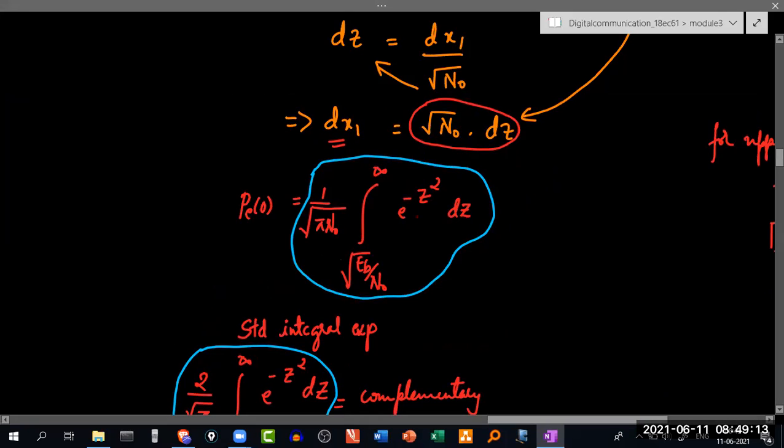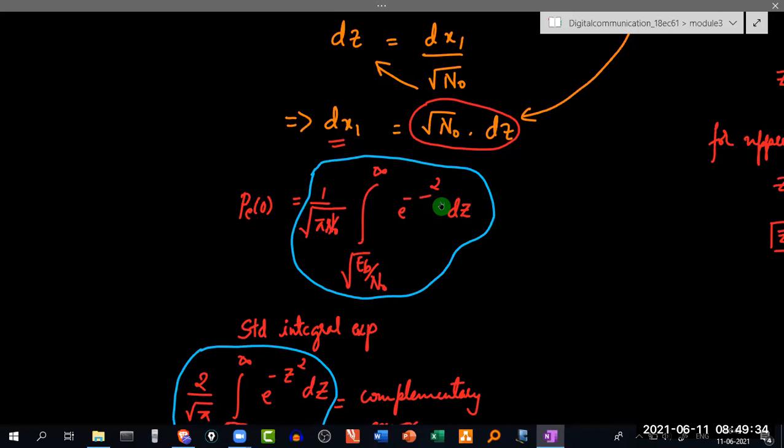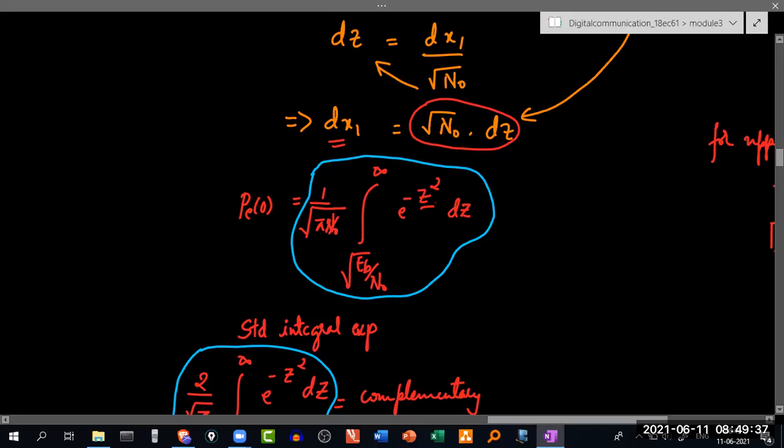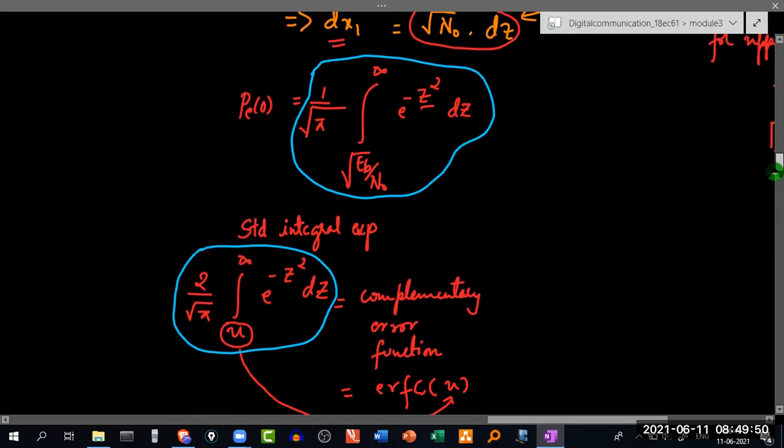Here I should have also written this square root of n naught, such that this square root of n naught and this n naught over here get cancelled out. So in fact, we'll be having this expression.